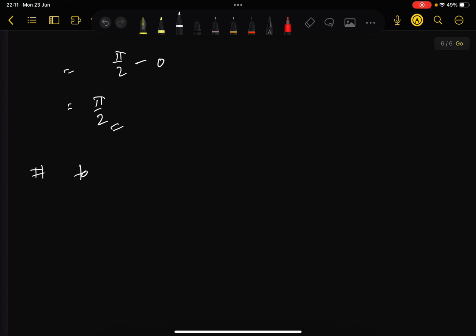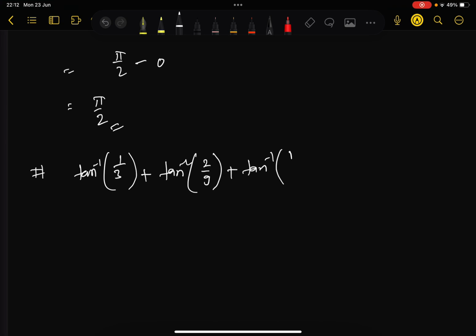Suppose the question is find the sum of the series tan inverse 1 by 3 plus tan inverse 2 by 9 plus tan inverse 4 by 33, like this. So the last term, that is nth term of this series, is 2 raised to n minus 1 divided by 1 plus 2 raised to 2n minus 1, right, up to infinity.